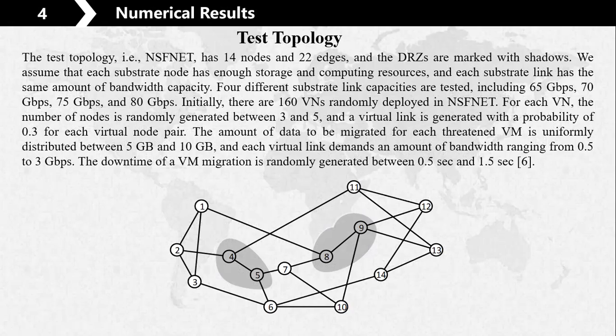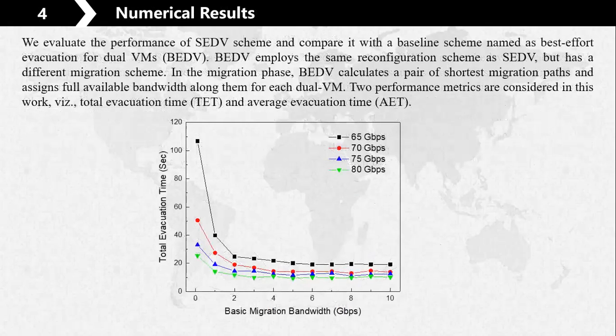Initially we have injected 160 virtual networks in NSFNet. After that, according to the DRG, we do the migration. For testing our performance, we have compared with another baseline scheme named as Best Effort Evacuation for Dual VMs, BEDV. BEDV employs the same reconfiguration technique, but it has a different migration scheme.